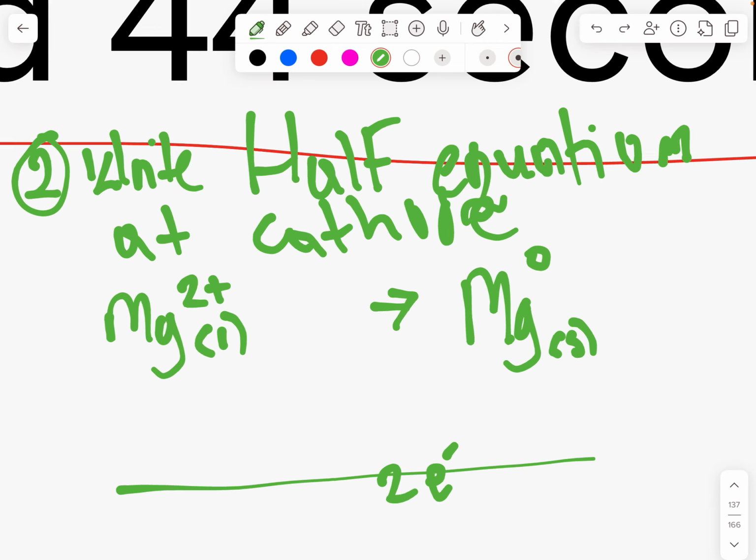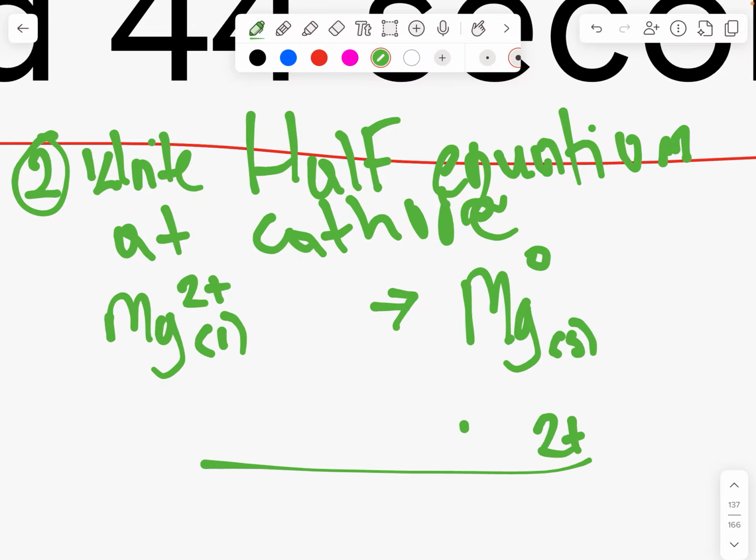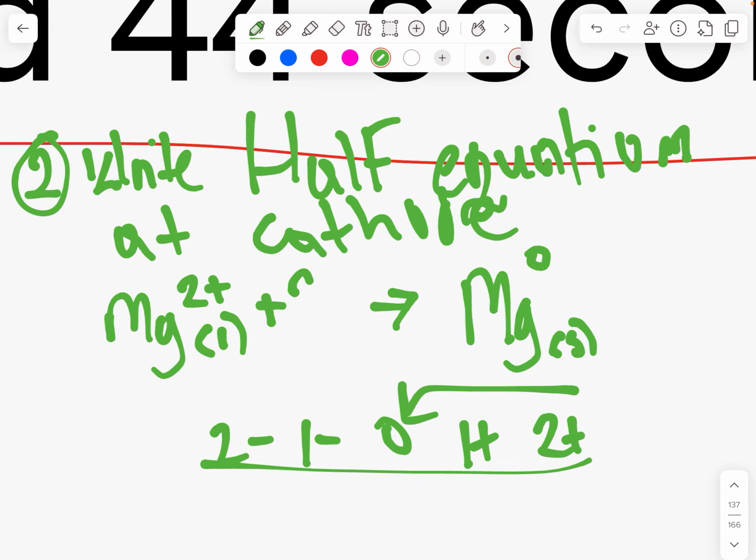My bad. Let me do it again. So 2+ is here, 1+ is here, 0, 1-, 2-. Whenever your charge decreases, you're going to the left and your electrons will be on the left, since we're going that way.